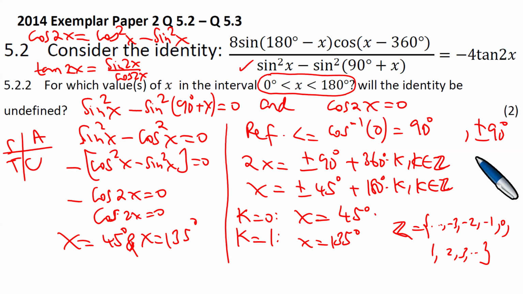Yes, when they're talking about where it's going to be undefined, do you also look at the numerator? Yes. So we need to look at both. If tan x is in the numerator, that means tan x is also considered, because it would actually be undefined at some point.